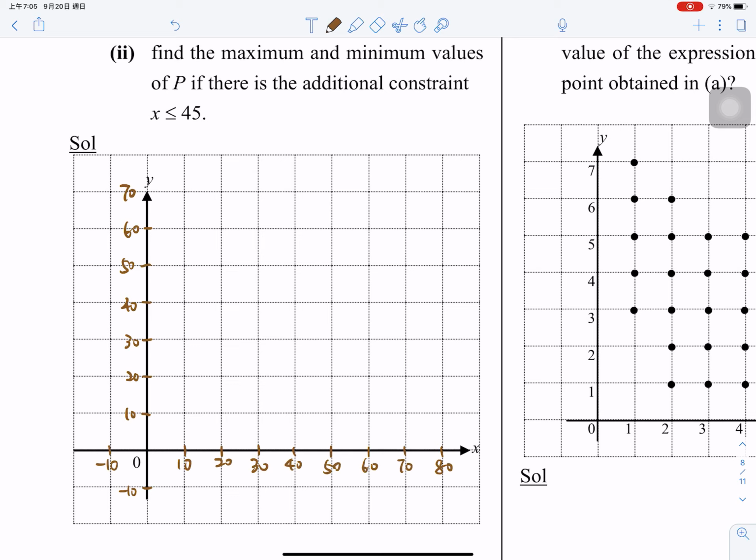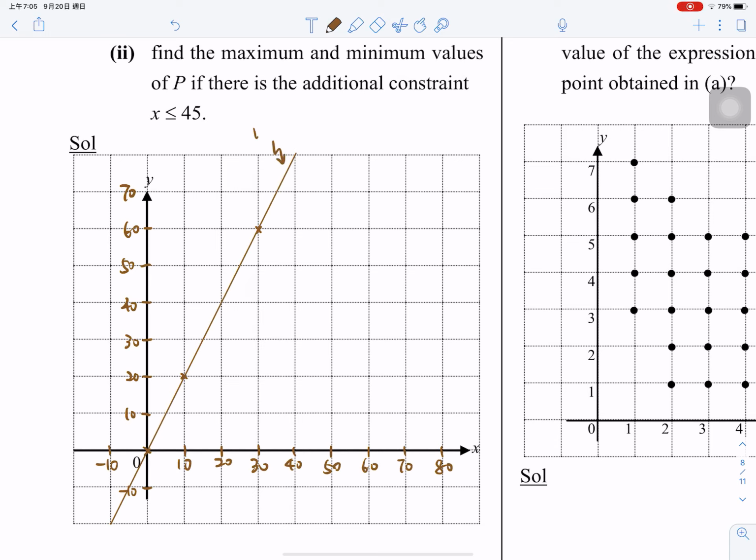So y equals 2x, then 0, 0, right, 10, 20, right, 30, 60, right. So as a result, you can mark it like this. Great.